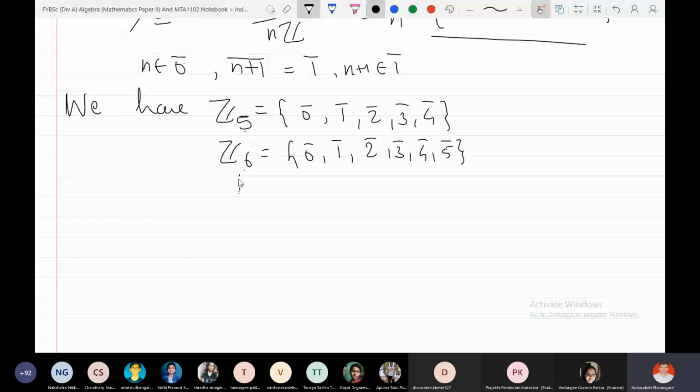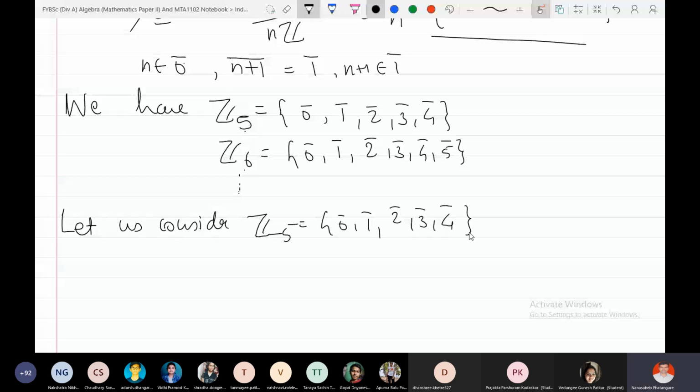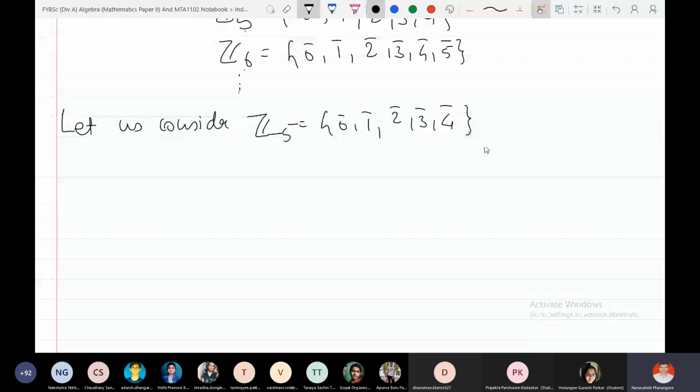Now let us consider Z5: 0 bar, 1 bar, 2 bar, 3 bar, and 4 bar. Now my set is Z5, and what are the members? Classes. Now I want to do some arithmetic with this set, right? Do you understand the meaning of arithmetic?